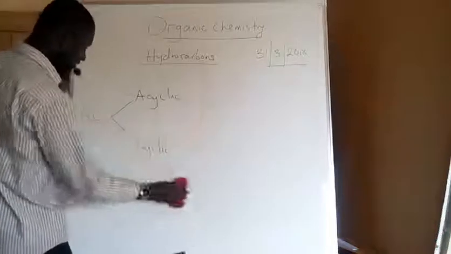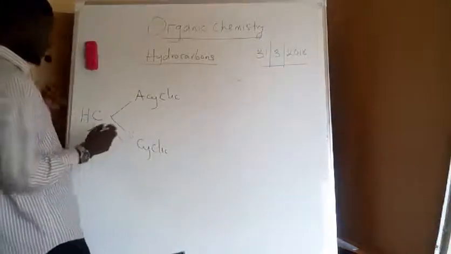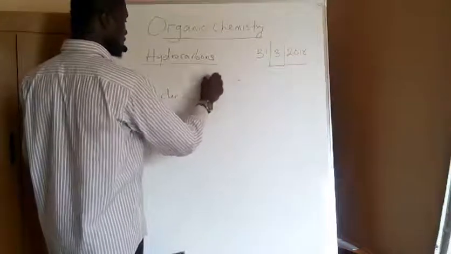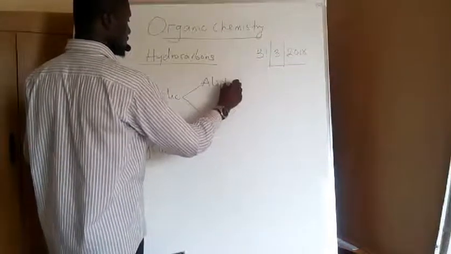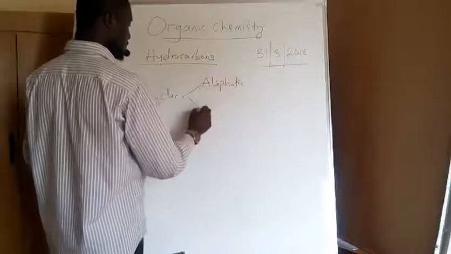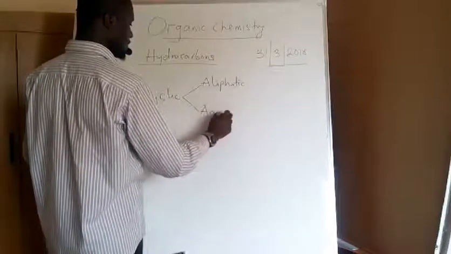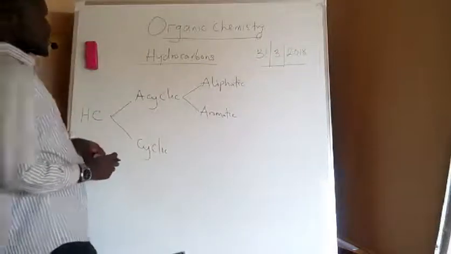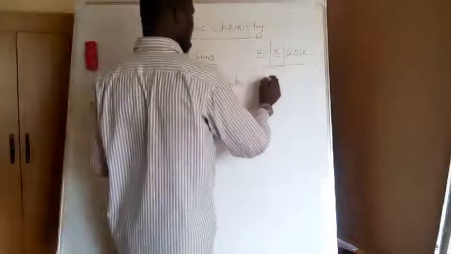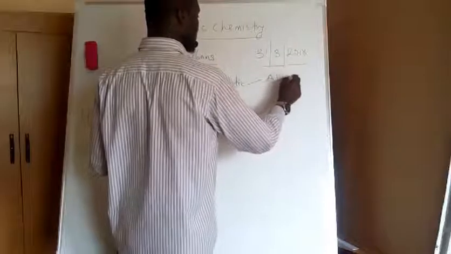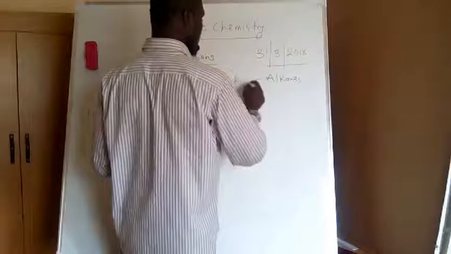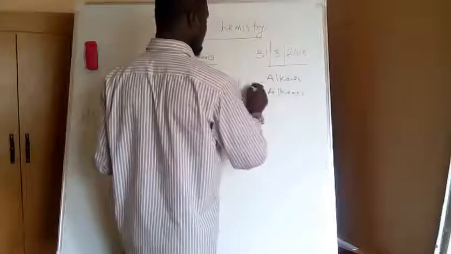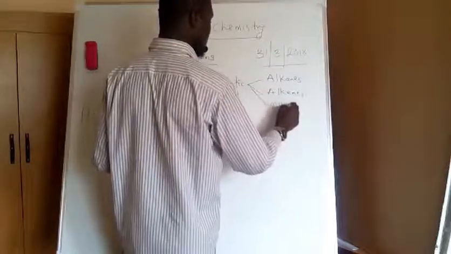Now, the acyclic hydrocarbons are further subdivided into two. We have what is called aliphatic hydrocarbons, and we have what is called aromatic hydrocarbons. Then the aliphatic is also divided into three. We have alkanes, alkenes, and alkynes.